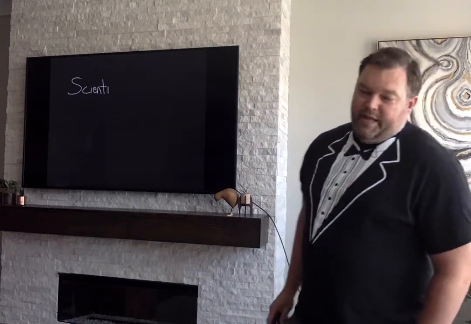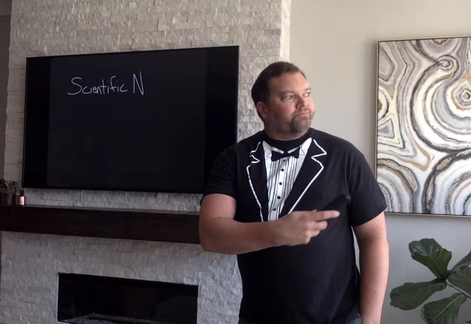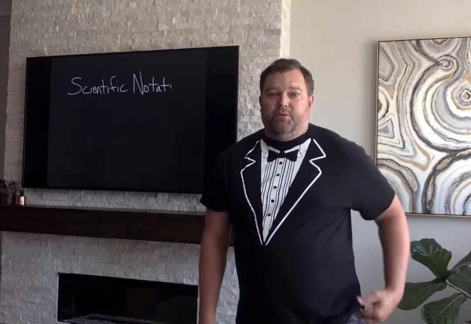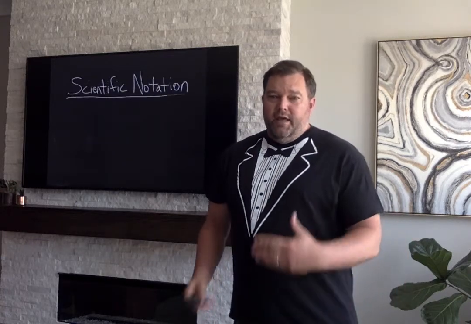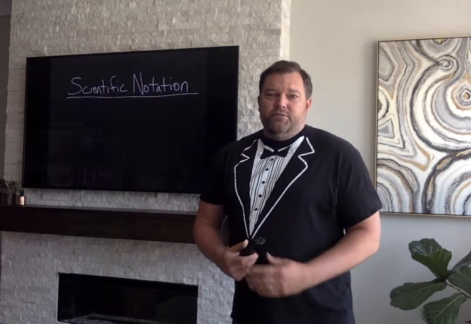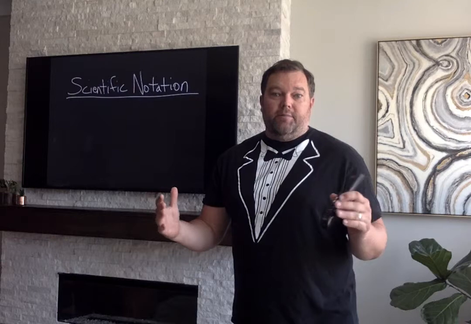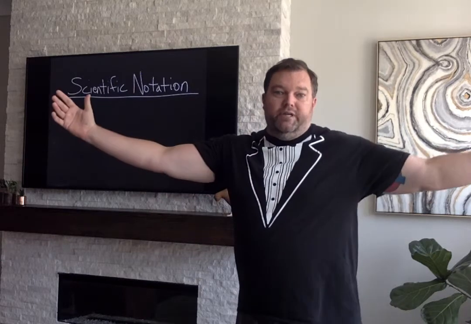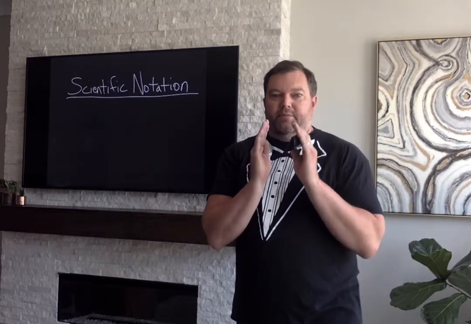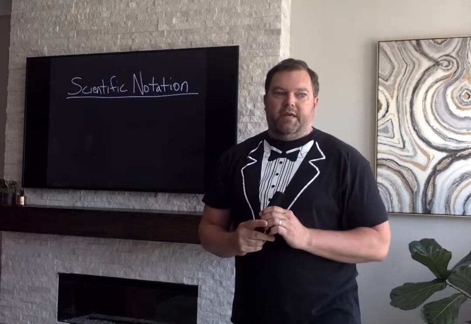All right, now let's talk about scientific notation. This is something you've probably seen before. You might have had a little experience with. But really the point of scientific notation is it exists so that we can talk about numbers that look really long, and we can talk about them in a much more condensed space.